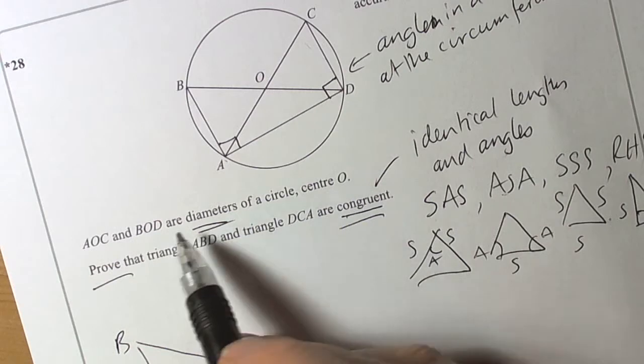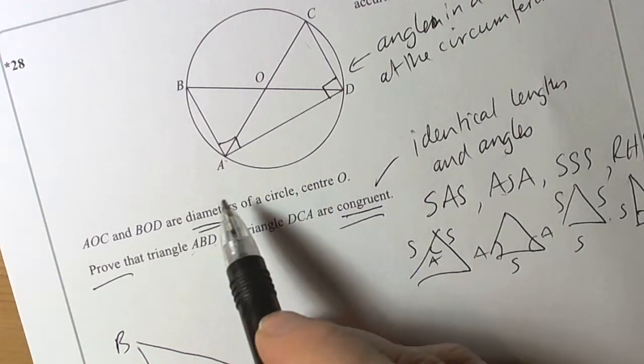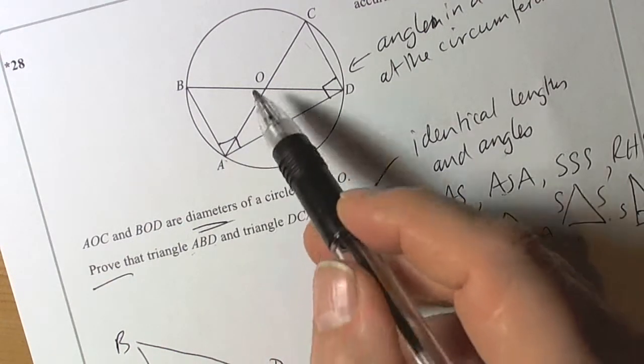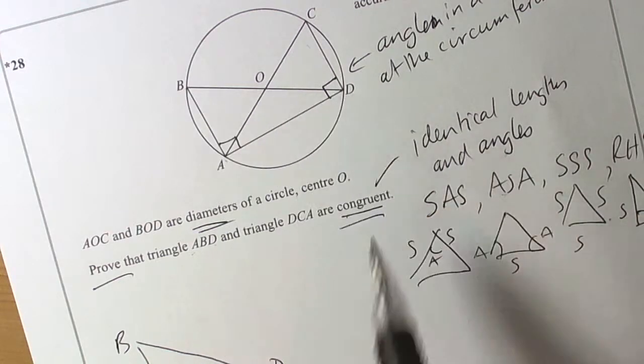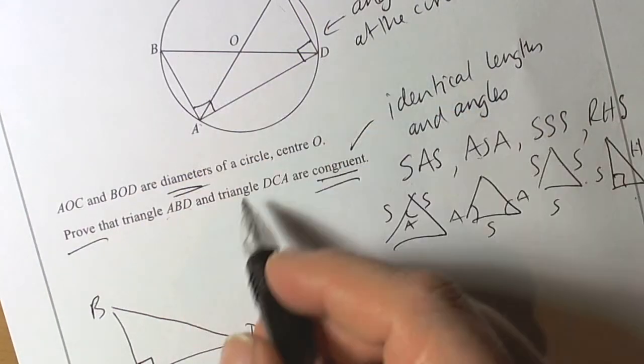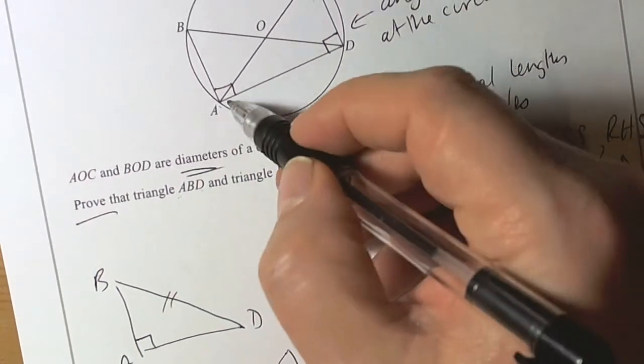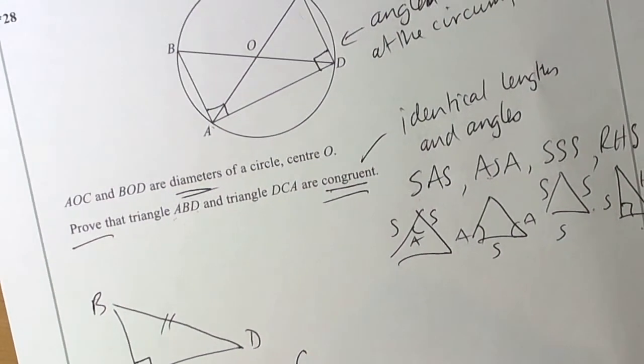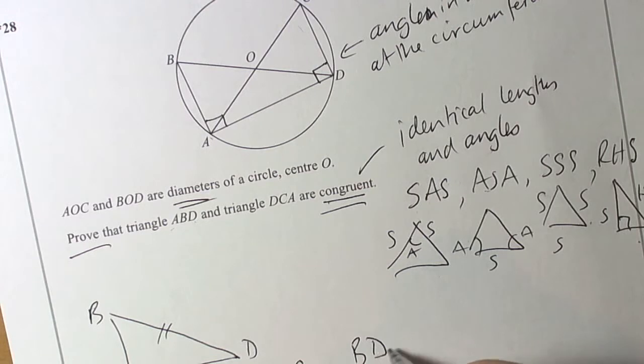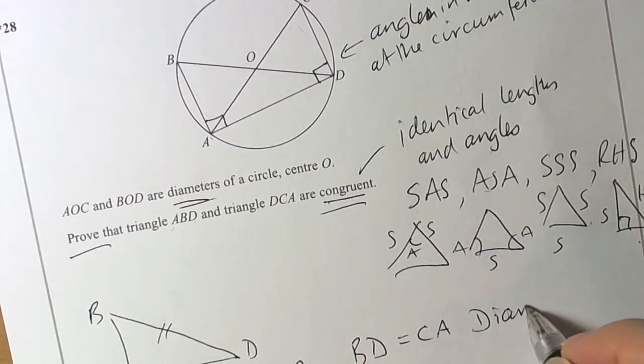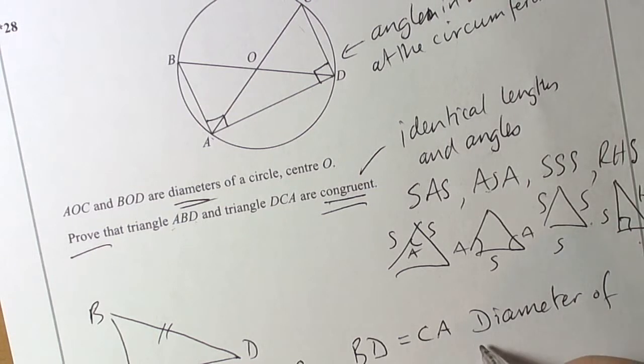The question told us that the diameters are AOC and BOD, so that's BD and AC. So we know that BD is equal to CA, because the diameters of the circle are equal.